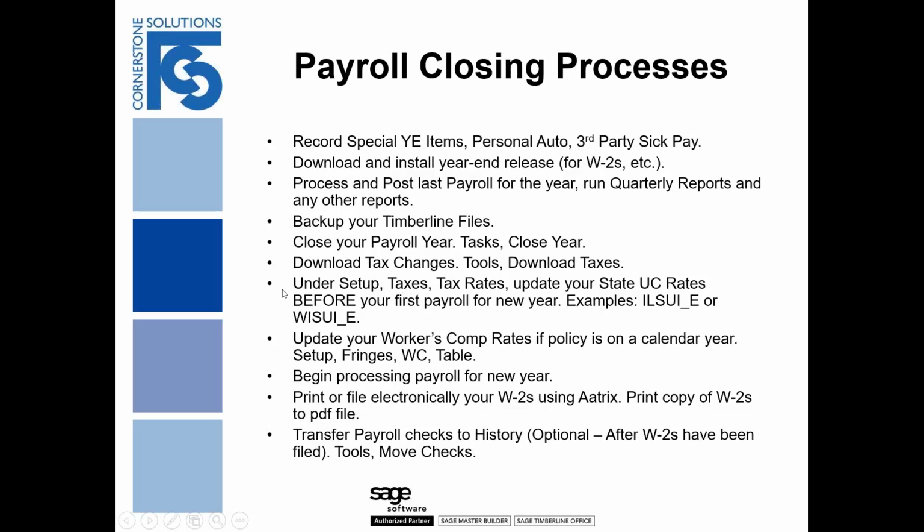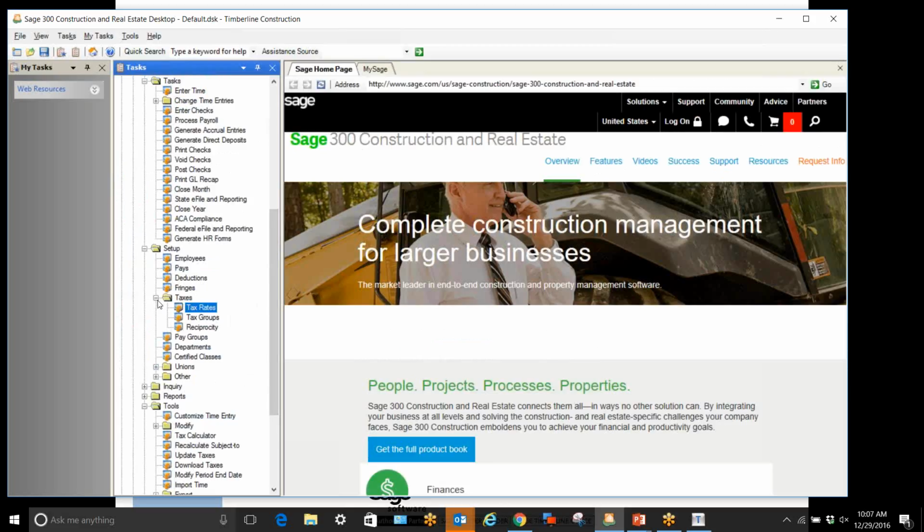Download taxes, we talked about that. We talked about updating the SUTA rates individually for your states. Workers' comp: if you have a change to your worker comp rates and you're accruing worker comp as part of your payroll, let me show you where that is stored if you're using this.